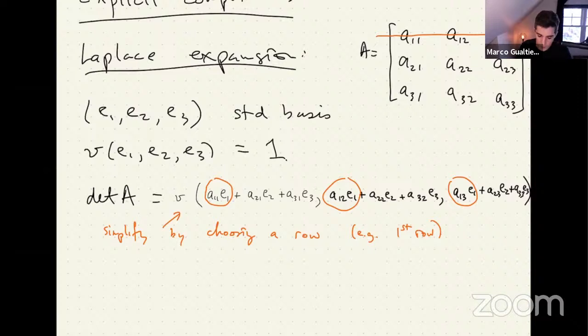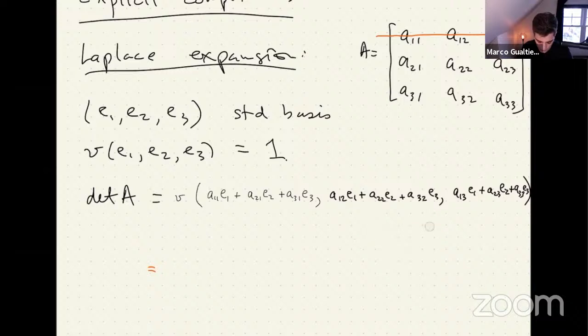The idea is that I want to use the multilinearity to take out these terms first. Actually, let me first do the first column.